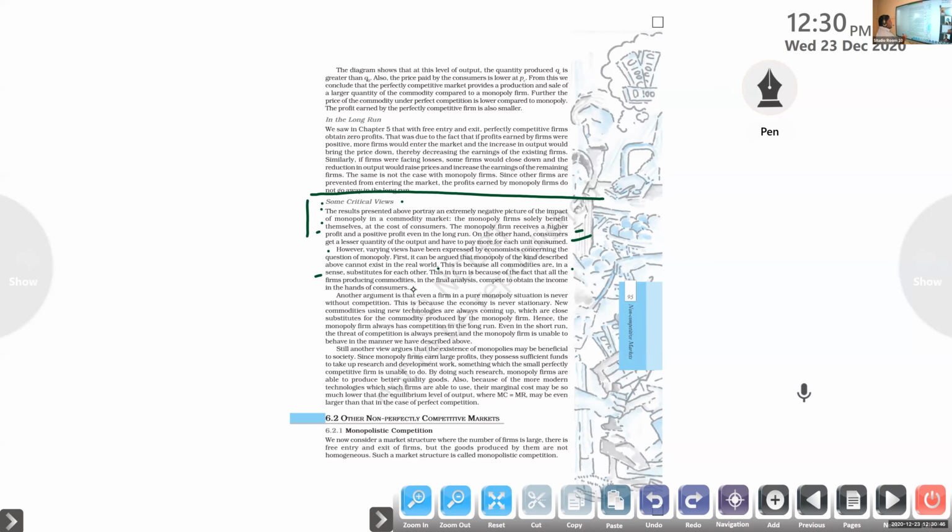Almost all these producers are producing products related to the income of the consumers. Another argument is that even a firm in a pure monopoly situation is never without competition. Even if it is a monopoly, we can say they are not free from competition from other firms. This is because the economy is never stationary.